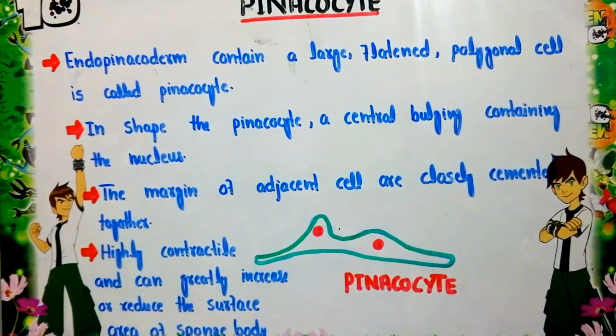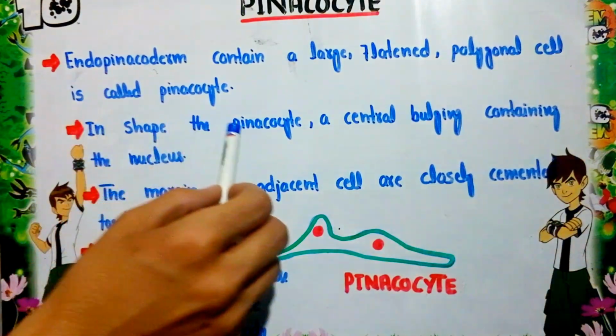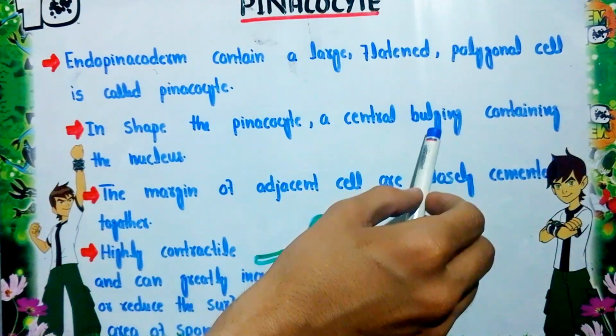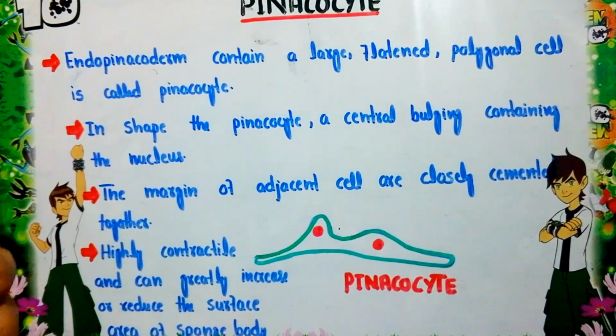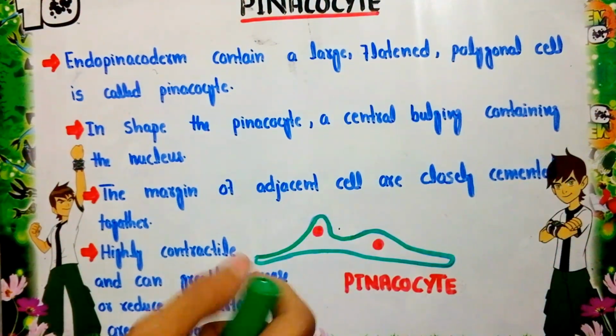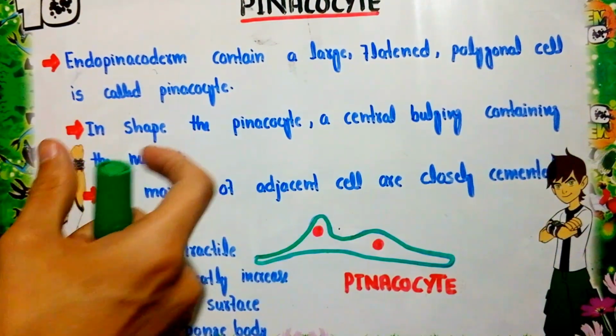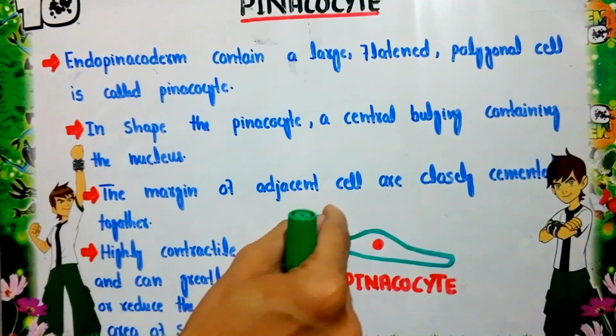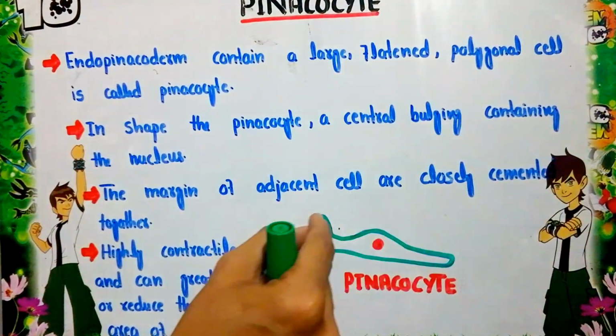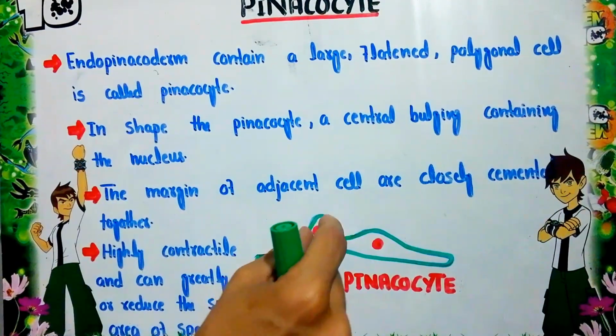Now the second point is regarding the structure of this pinacocyte. In shape, the pinacocyte possesses a central bulging that contains the nucleus. So at the center you can see the membrane of these cells is moved outside. This is the central bulging, and this bulging contains the nucleus.